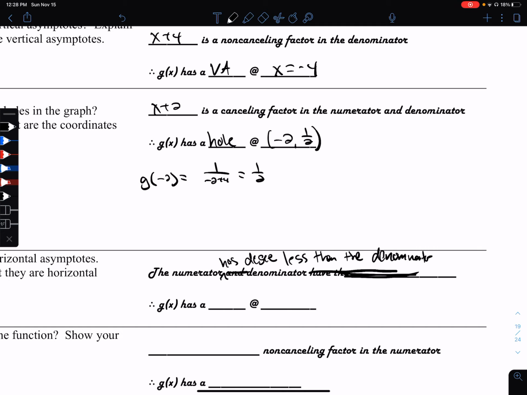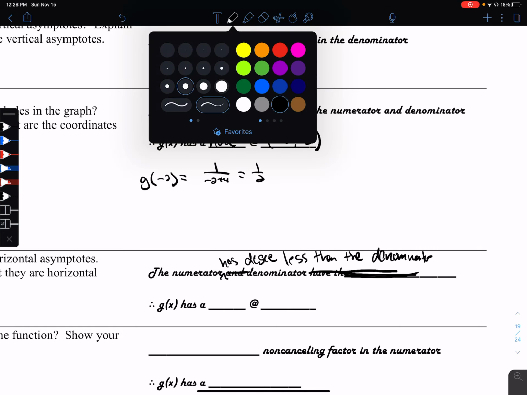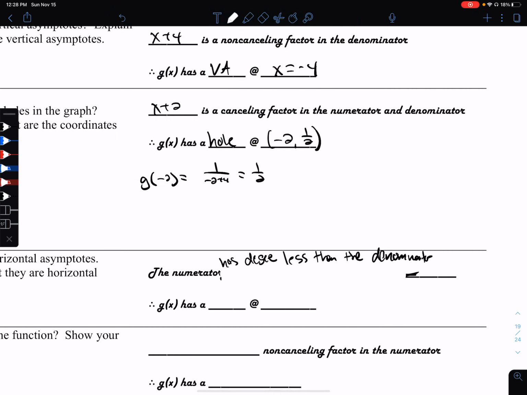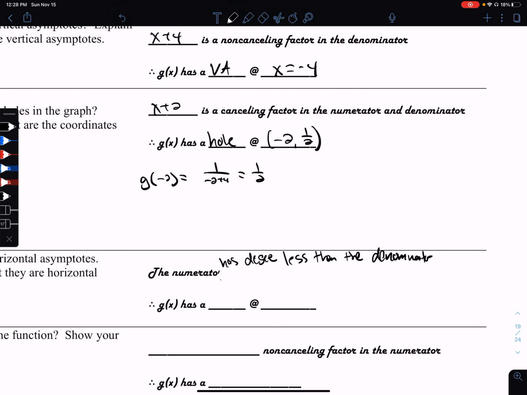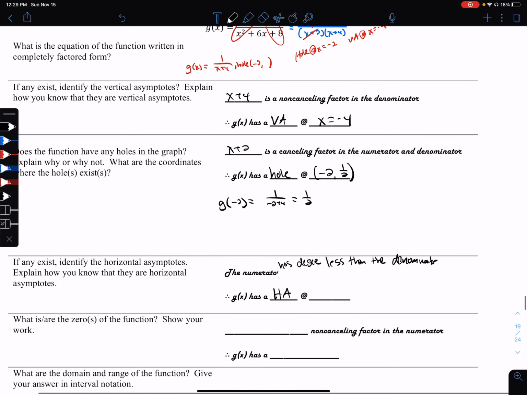I typed out some foolish stuff there. How about that? The numerator has a degree less than the denominator. Therefore, g of x has a horizontal asymptote at y equals 0.